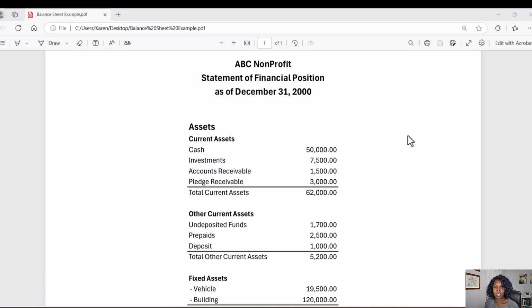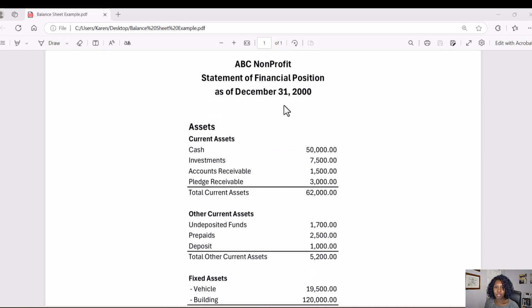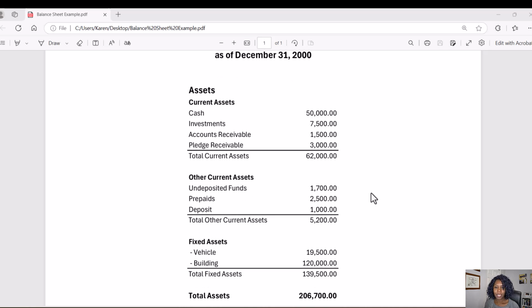Okay, so when you're talking about the statement of financial position, you want to categorize these assets in order of their liquidity. So the most liquid assets you have will go at the beginning of the asset section, and the least liquid assets go at the bottom.